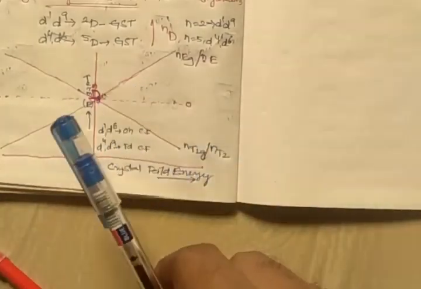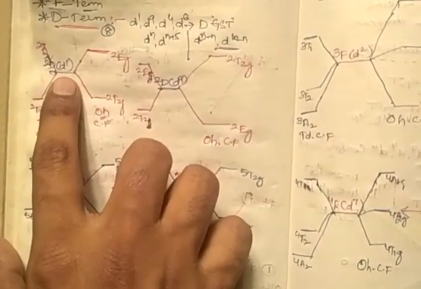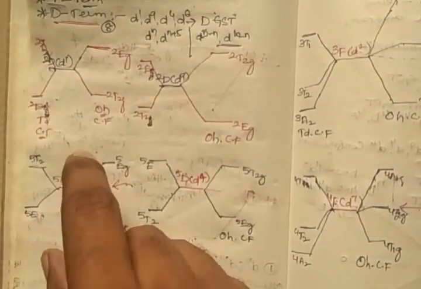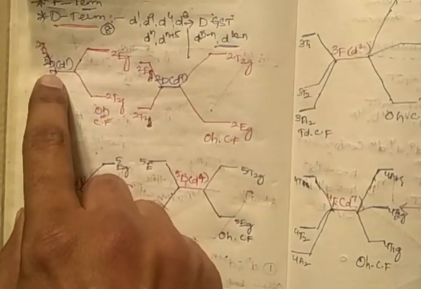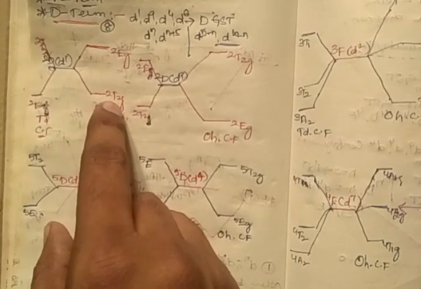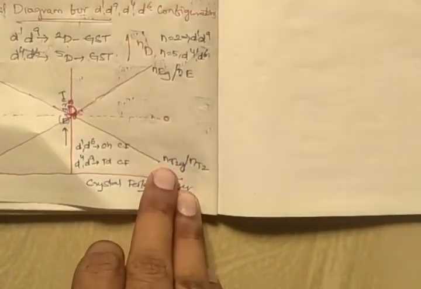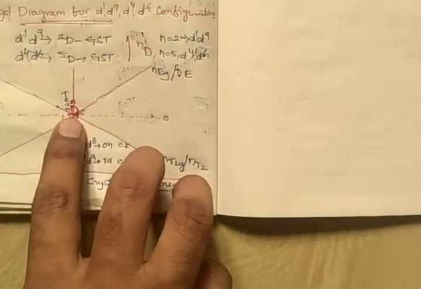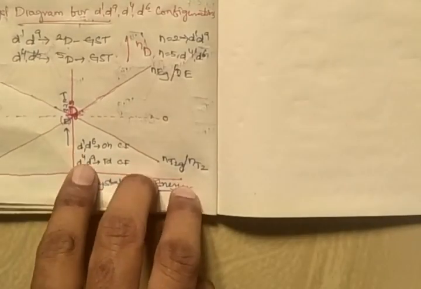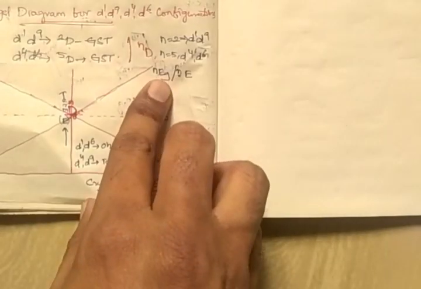Isn't it? We know that in the D1 configuration, the 2D term has a lower energy state of 2T2g and a higher energy state of 2Eg in the octahedral phase. And here that is shown: for the D term of D1 configuration, the lower energy state is T2g and the higher energy state is Eg.